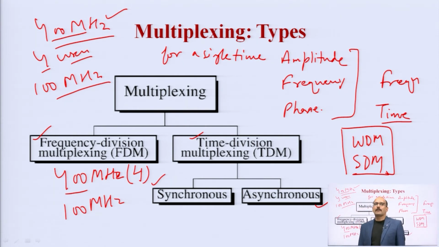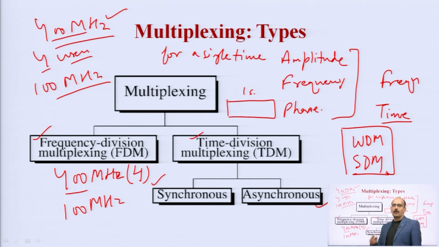But when we are talking about time division multiplexing, what are we going to do? We are going to create a slot of 1 second, that is a time slot. That time slot has the complete 400 megahertz bandwidth. Out of that time, 1/4 second is allotted to user 1.